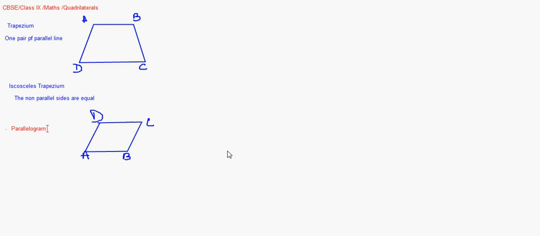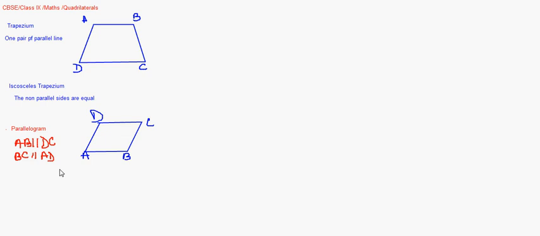Just have to recall what a parallelogram is. A parallelogram is a quadrilateral with both pairs of opposite sides parallel as well as equal. That means in this figure, AB is parallel to DC and BC is also parallel to AD. This is the basic requirement. If both the pairs of the sides are parallel, you don't need to prove them to be equal.